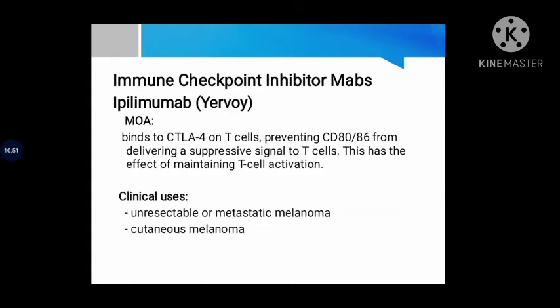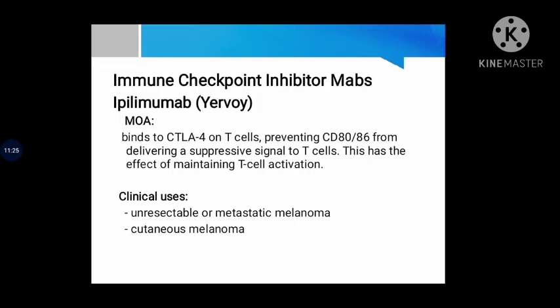The next type of monoclonal antibodies is immune checkpoint inhibitor MABs. So the drug that belongs to this type is ipilimumab. The mechanism of action of ipilimumab is that it binds to CTLA-4 on T cells, preventing CD80/86 from delivering a suppressive signal to T cells.